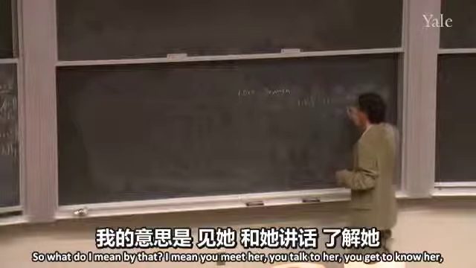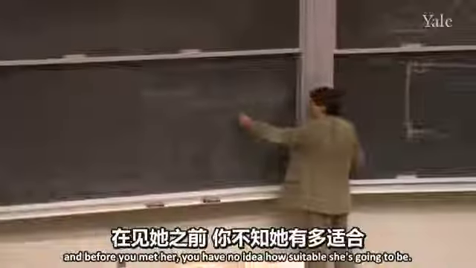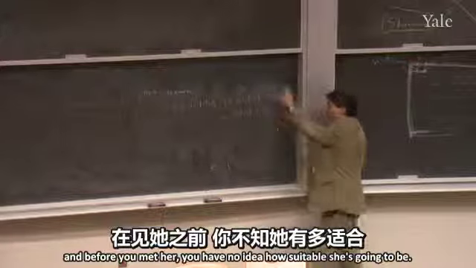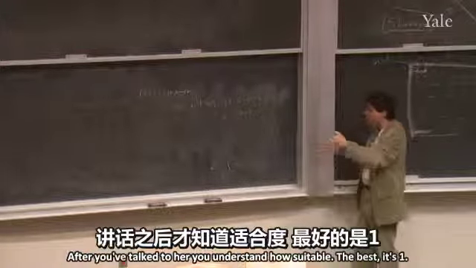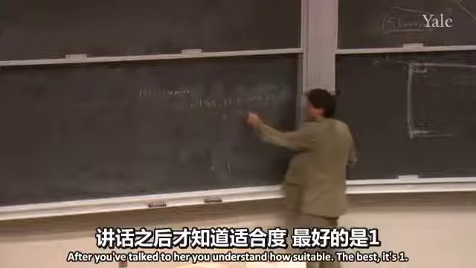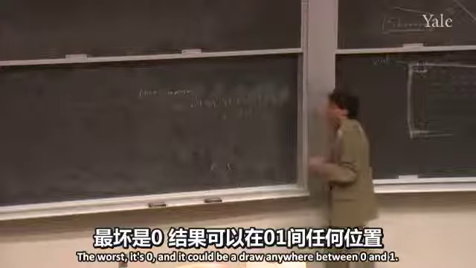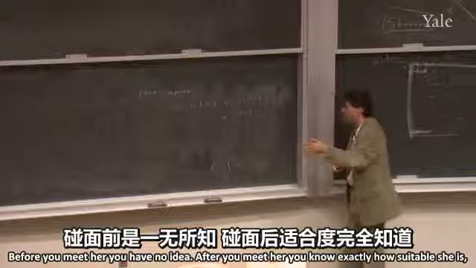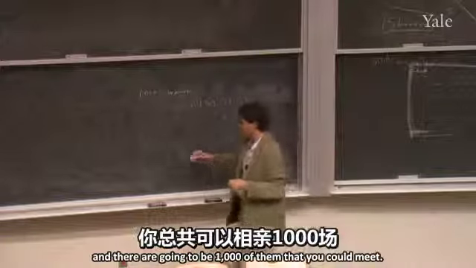So what do I mean by that? I mean, you meet her, you talk to her, you get to know her, and then you just draw. Before you met her, you have no idea how suitable she's going to be. After you've talked to her, you understand how suitable. The best is 1, the worst is 0, and it could be a draw anywhere between 0 and 1. And there are going to be 1,000 of them that you're going to meet.